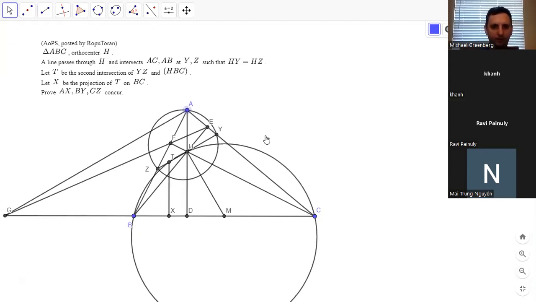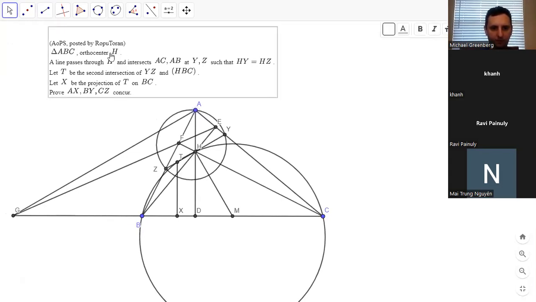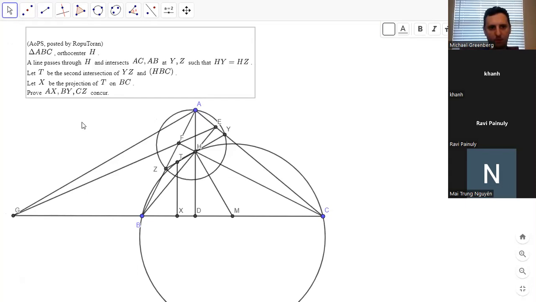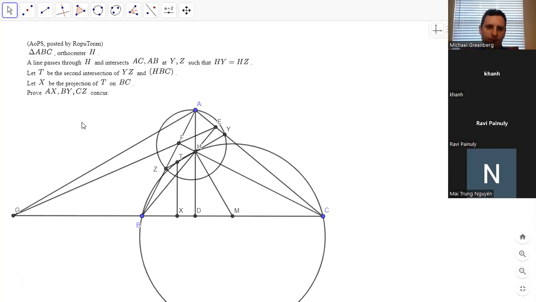Maybe that looks a little better. Yeah, this is so weird, taking a perpendicular from T to BC. I think we can find a way to use it.